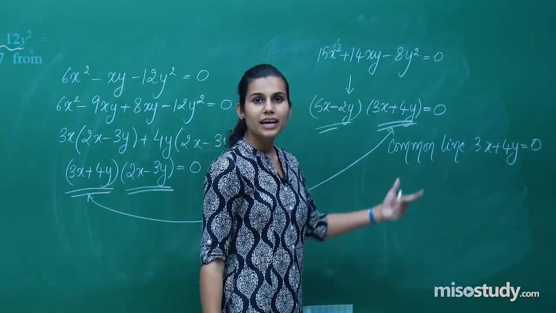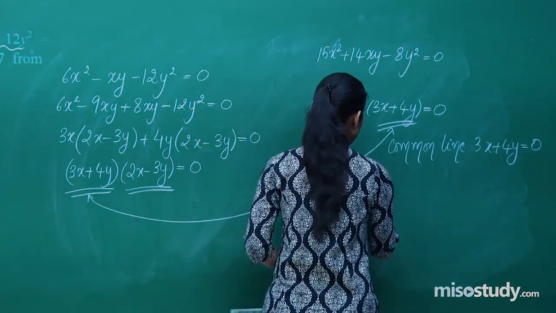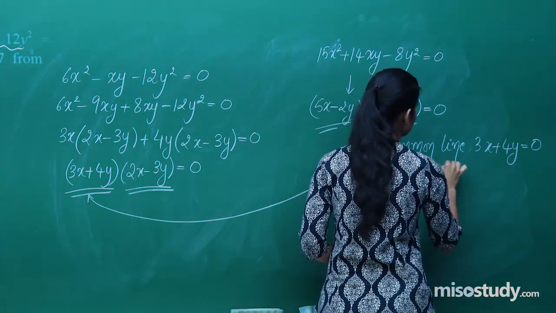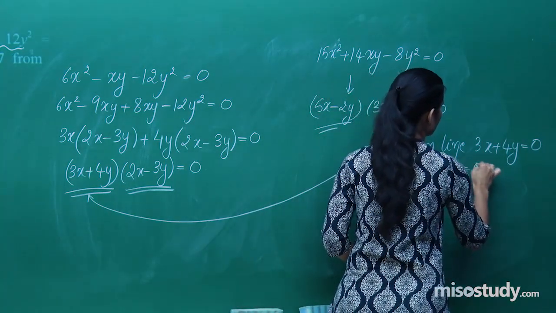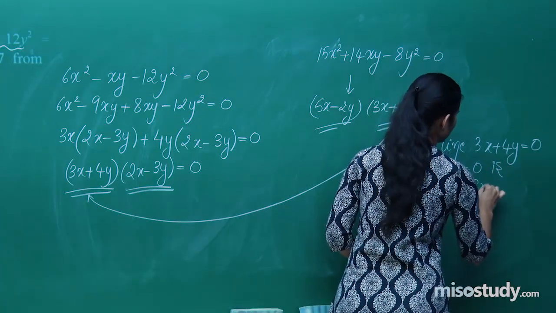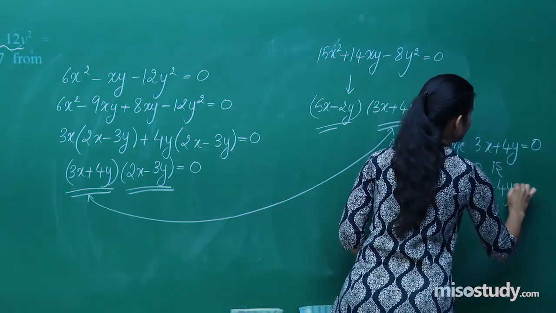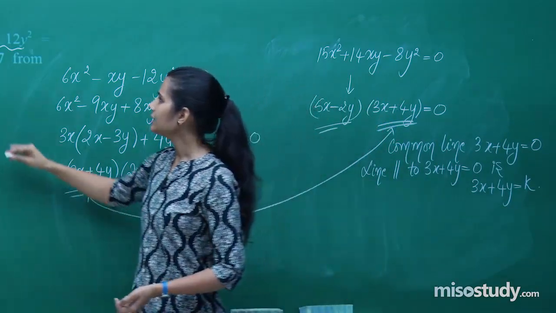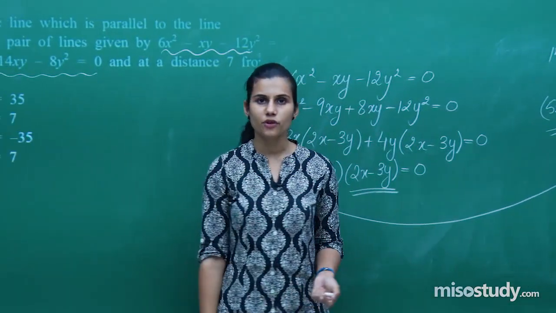I want the equation of the line parallel to this. So a line parallel to 3x plus 4y equals 0 is 3x plus 4y equals k. How to get k? It is given that the line is at a distance of 7 from this line.